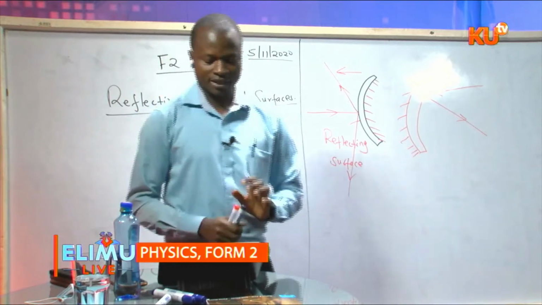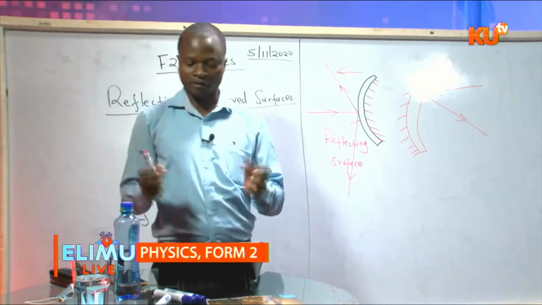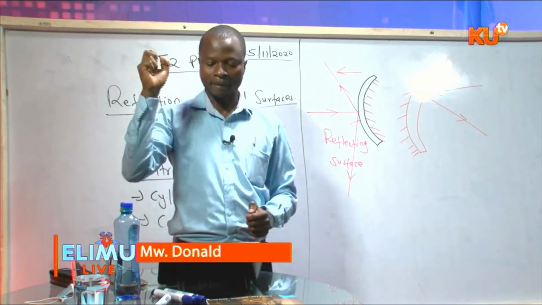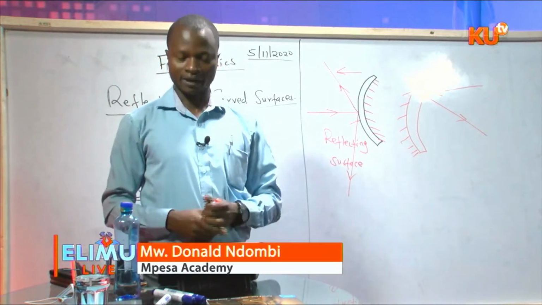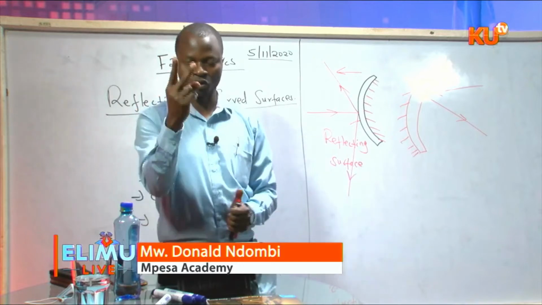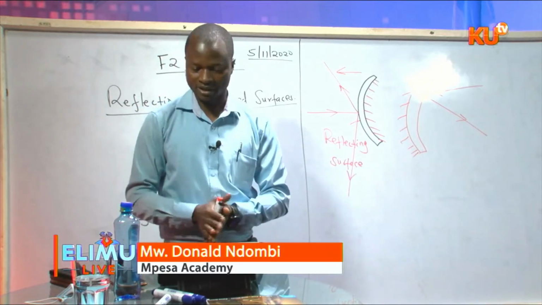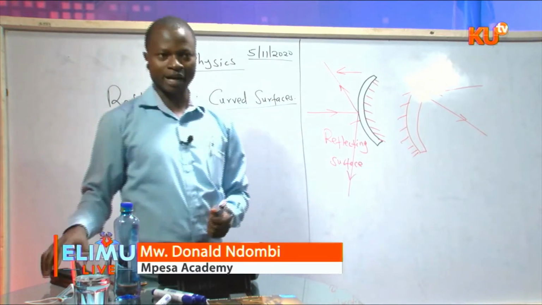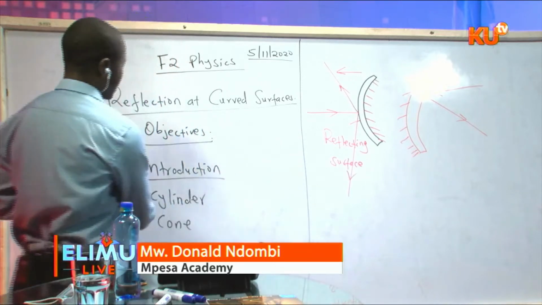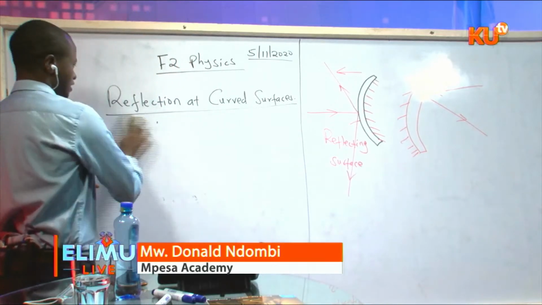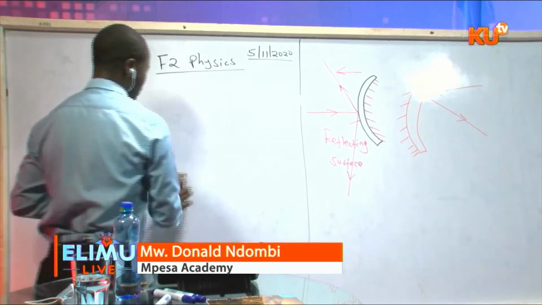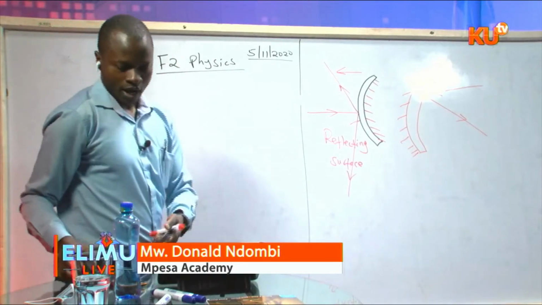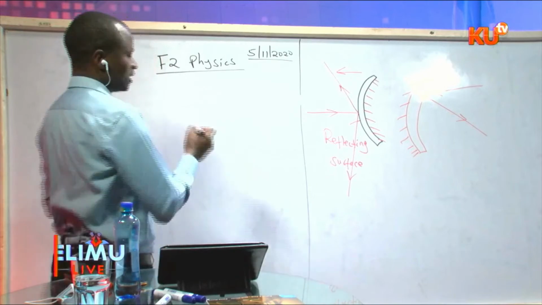Now these curved mirrors, we have said they can either be formed by applying silvery paint or by polishing. That's two ways of making curved mirrors. Now the next question we want to ask ourselves is, how many types of curved mirrors do we have?